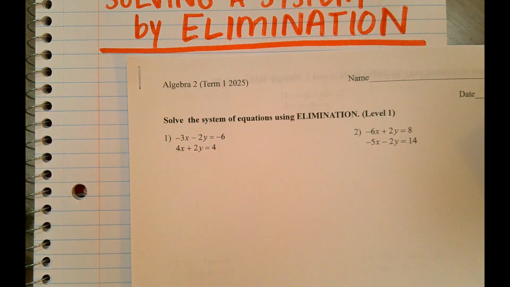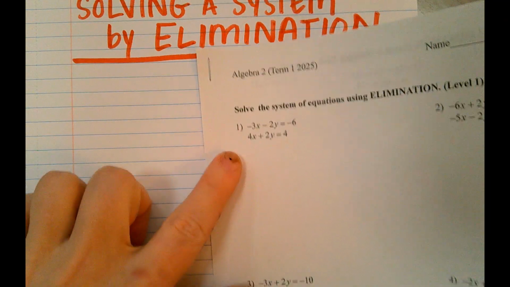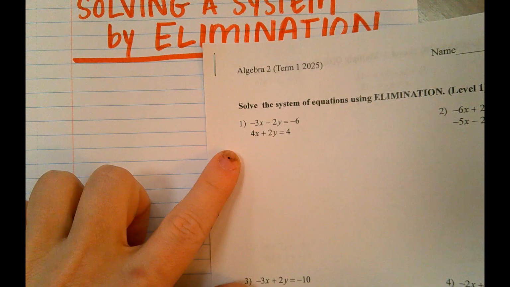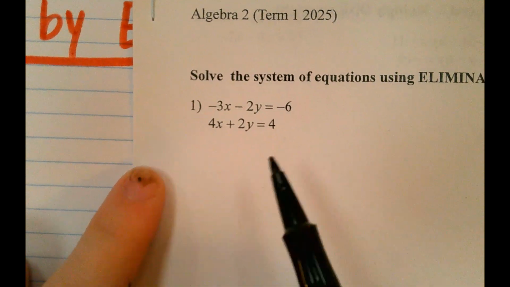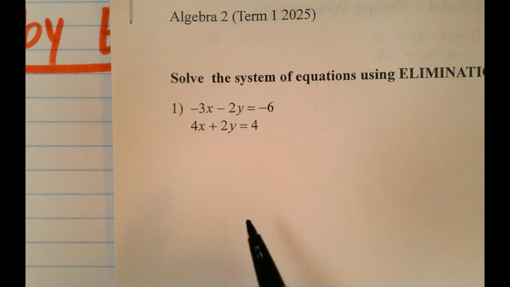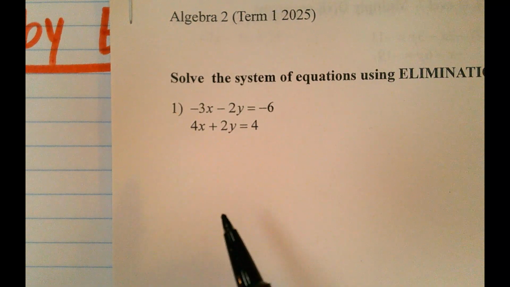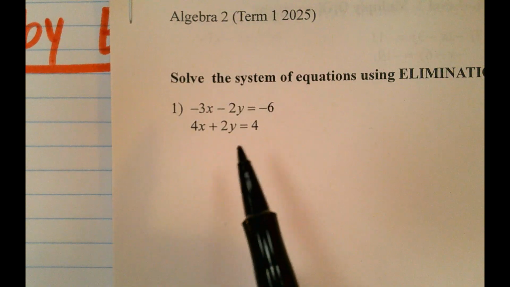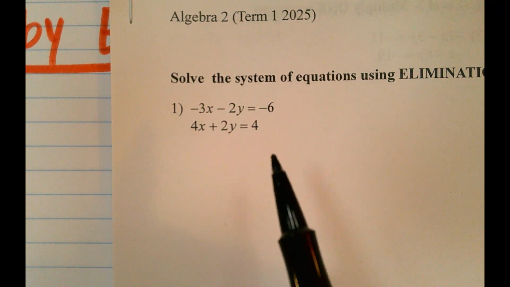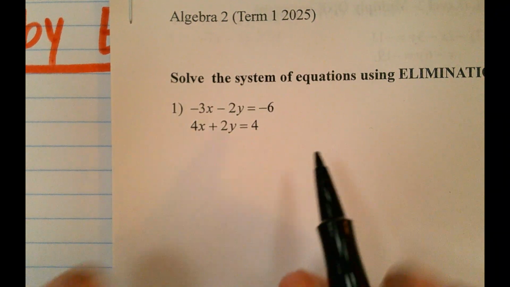What that method is, we're essentially just going to add the two equations together, because as long as I'm adding the same thing to both sides, or subtracting, multiplying or dividing the same thing from both sides, my equation's not really going to change. I can do that.